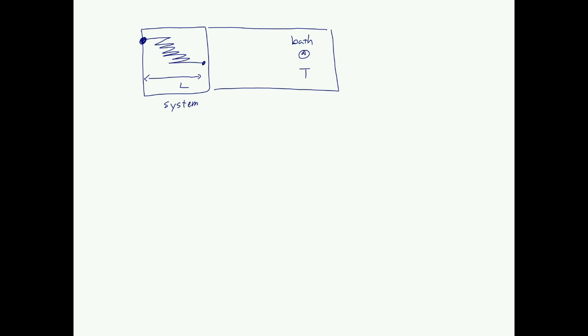In order for this rubber band to maintain this distance at L, I can imagine that I have to have some force F that pulls on the rubber.